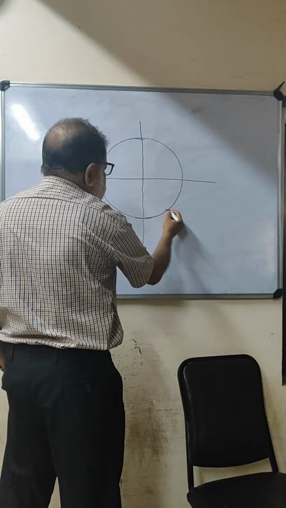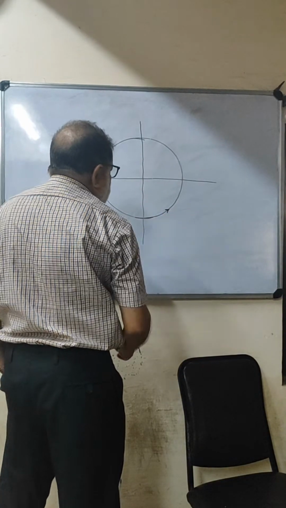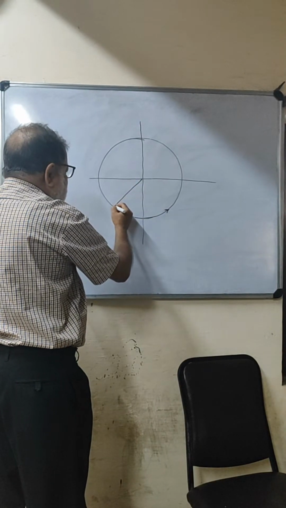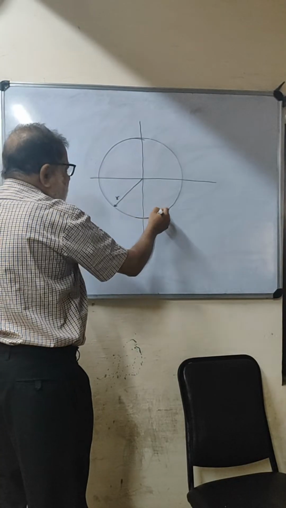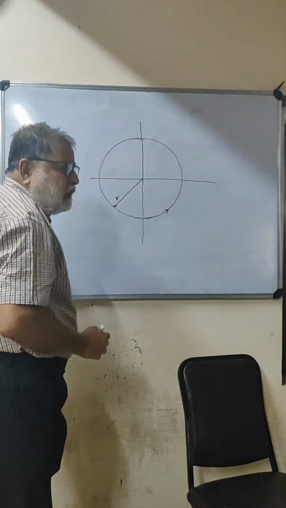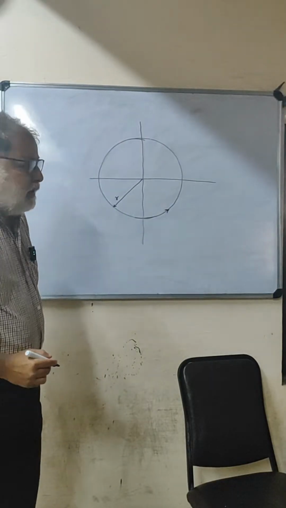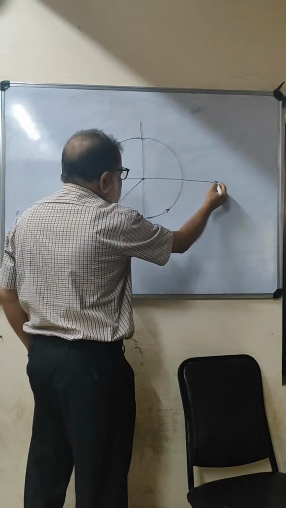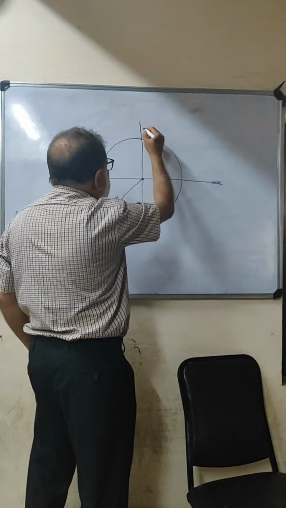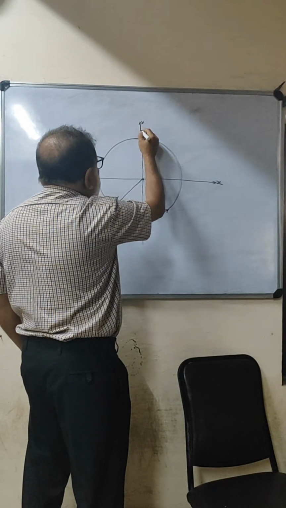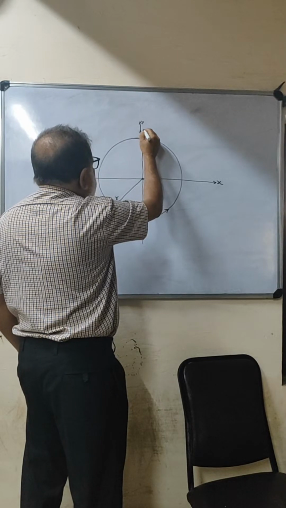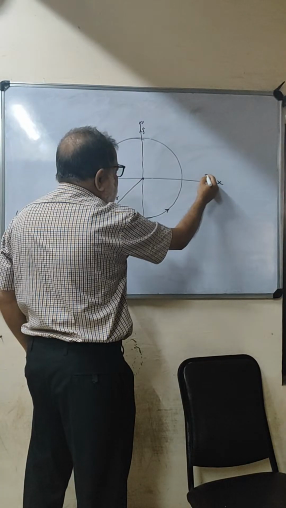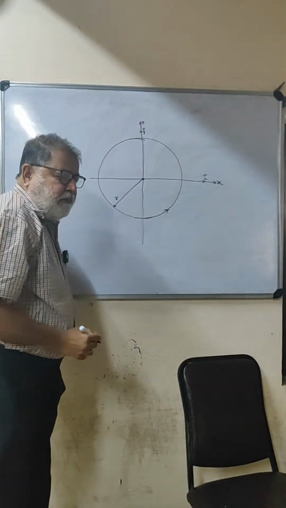Suppose a particle is moving in this circle whose radius is r in anti-clockwise direction. The center of the circle is the origin of our xy axis system, and this is x and y. As you know, this direction is our j hat and this direction is our i hat.